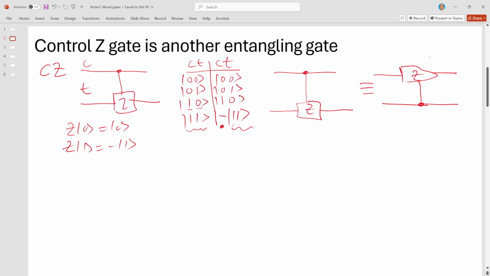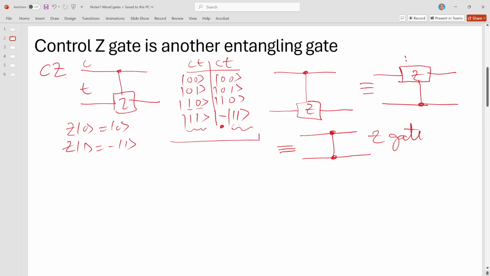This is still exactly the same gate. And that's actually the reason that in software this gate is represented by a symbol which in fact looks like a symmetric gate. All right, so this is the symbol of Z gate in many software like Qiskit.